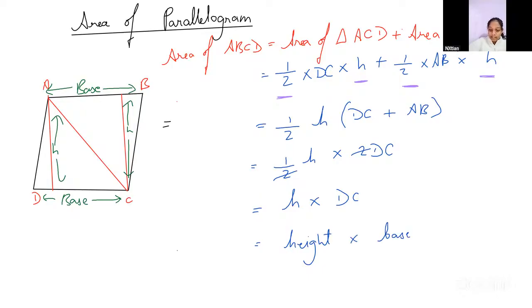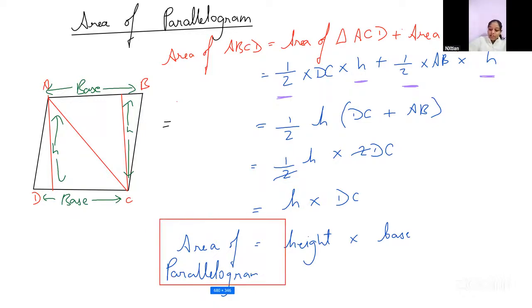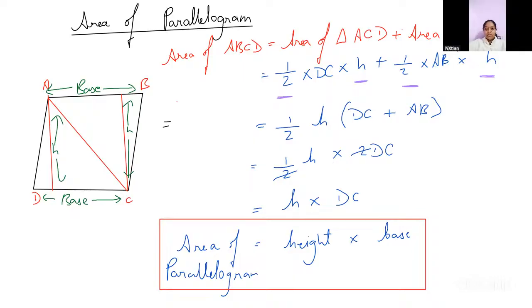Therefore, area of parallelogram becomes base into height, or height into base. This is the derivation of the formula, how it gets reduced and becomes height into base.